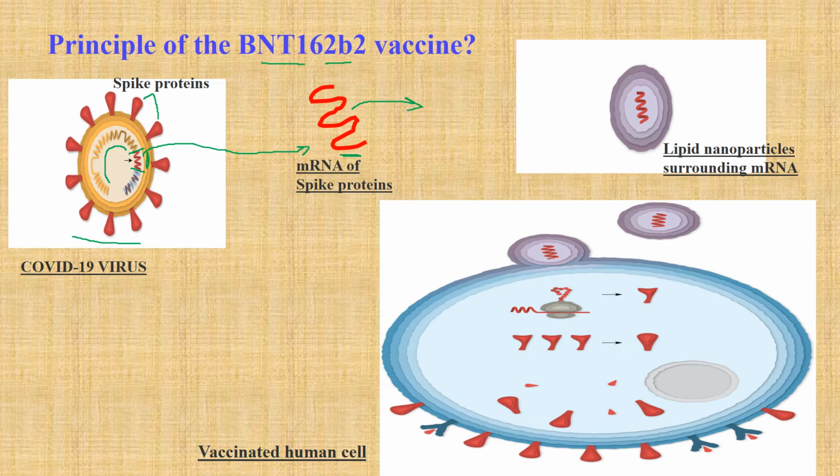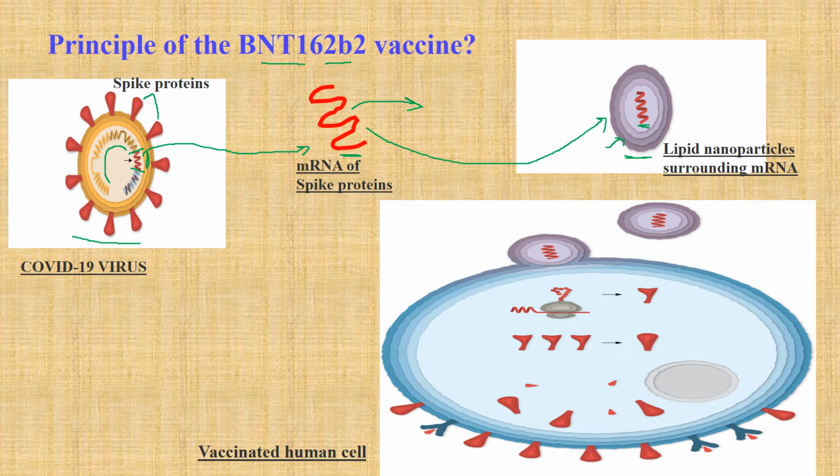So what Pfizer did is that they englobed this messenger RNA into lipid nanoparticles. Inside here we have our messenger RNA, and this stuff around it are the lipid nanoparticles. Now, in this form, our enzymes can no longer destroy our messenger RNA.